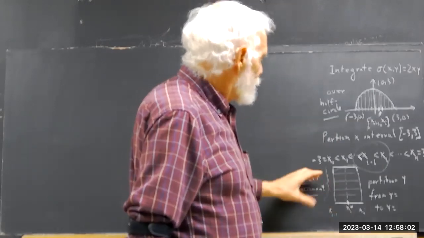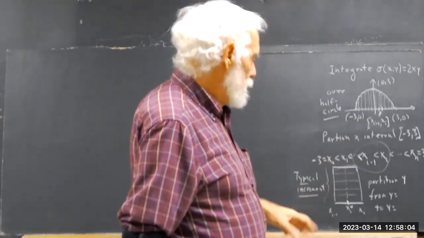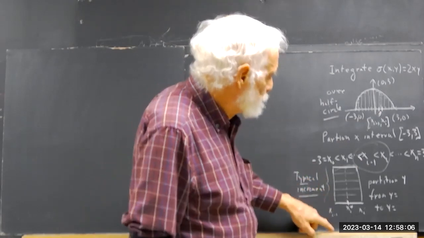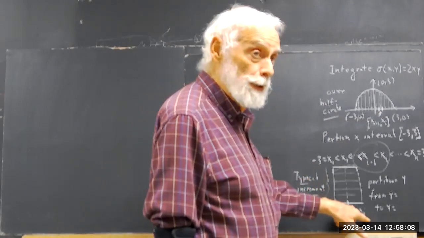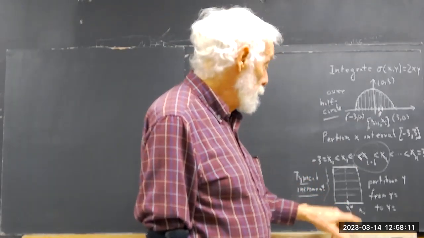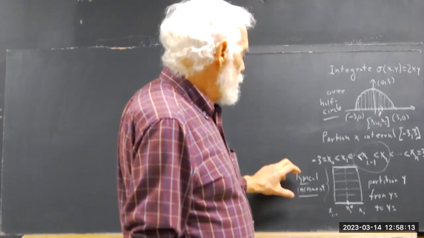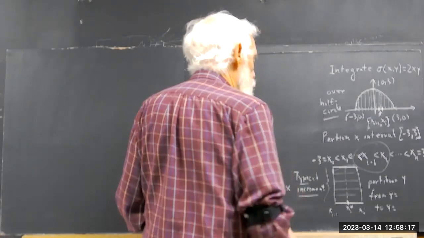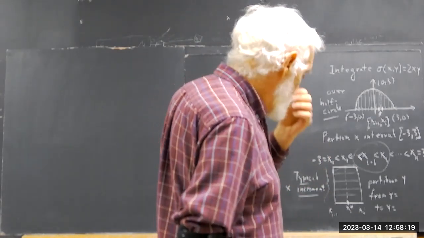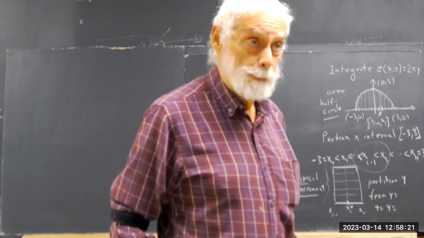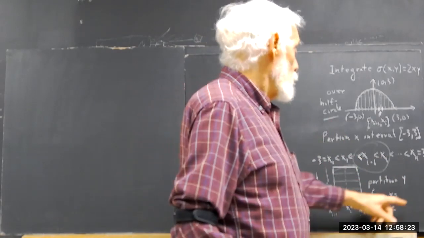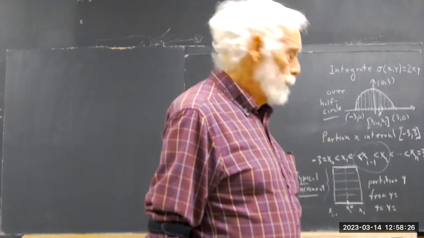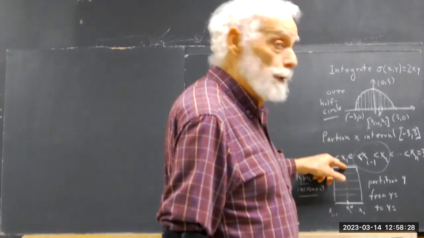Okay, so enlarging that increment and distorting it a good bit, we have x_{i-1} here, x_i here, and an x_i star in the middle. So this is our typical x increment. We want to partition y within the x increment. From y equals what to y equals what? What's y down here? What's y up here?